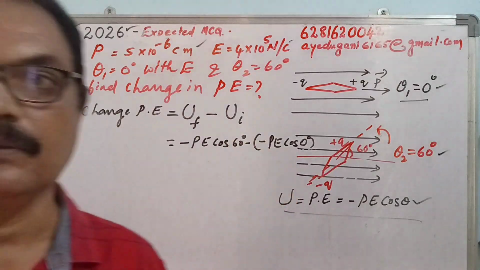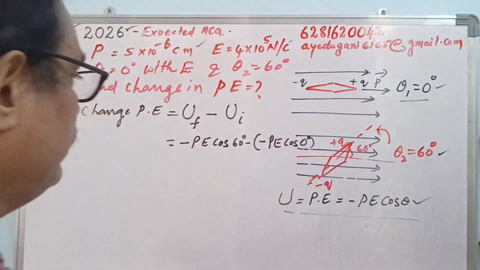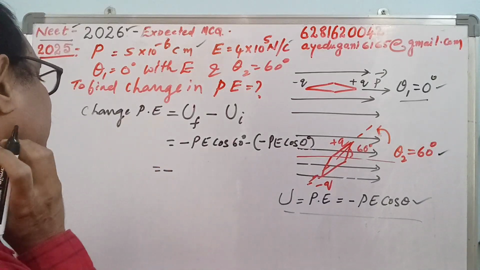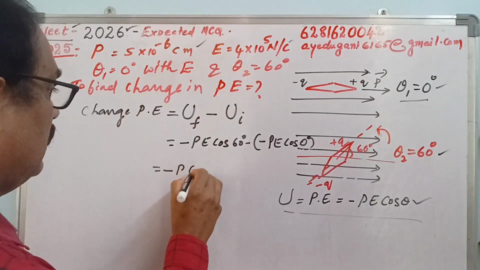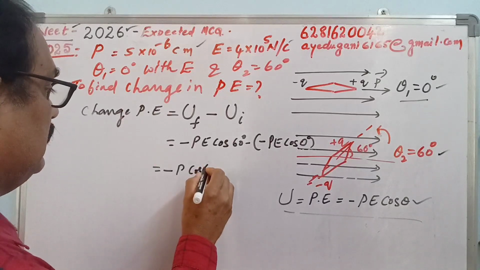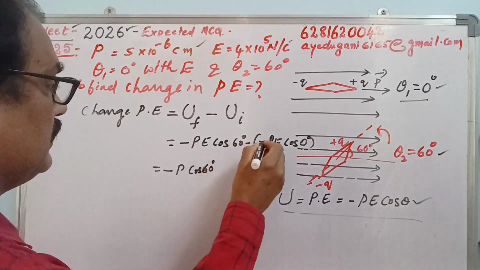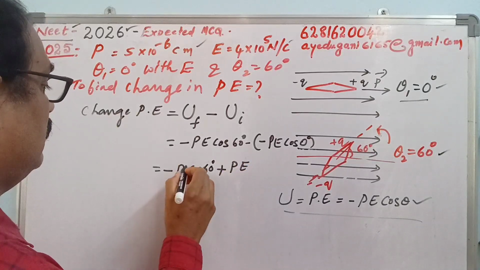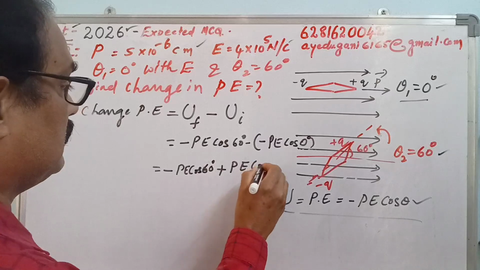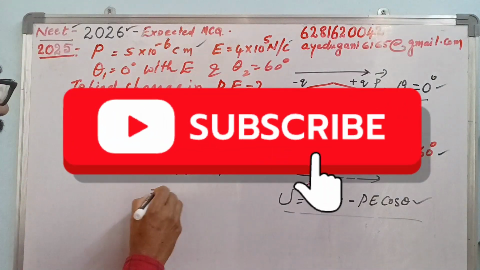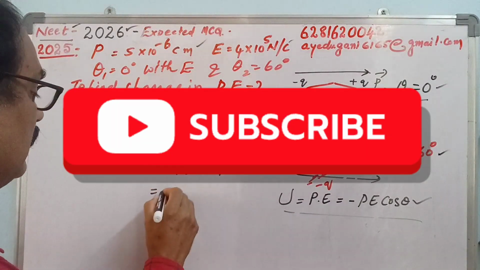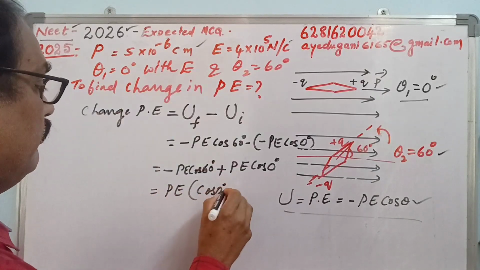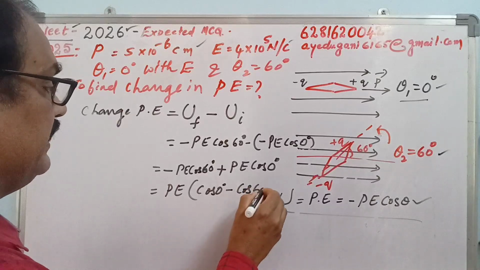So if you take P E common, minus of minus becomes plus. It will become PE times cos 0 degrees minus cos 60 degrees.